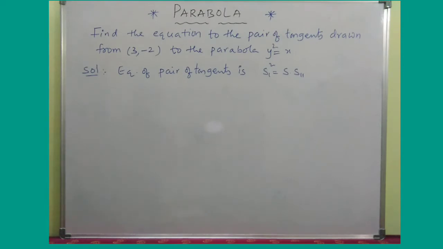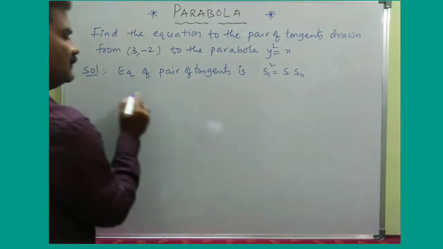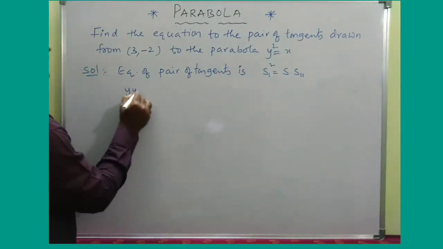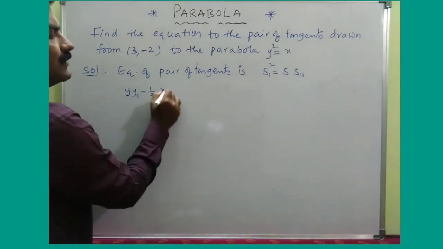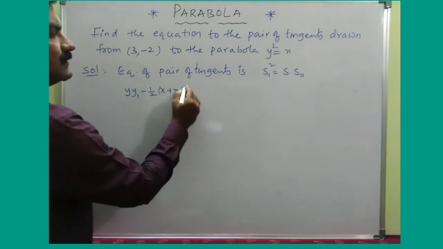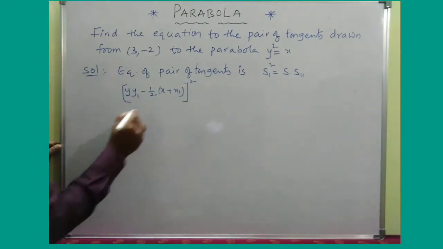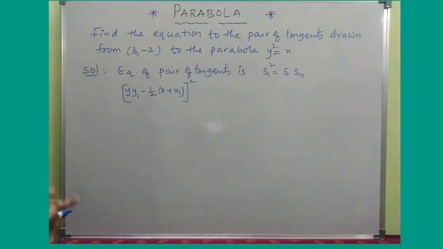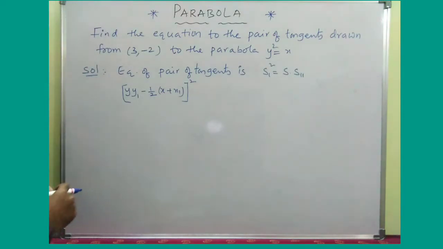So look at S1. What is S1 here? It is y1 minus half of (x plus x1), isn't it? Whole square. Do you understand the S1 format for this? y1 minus, actually we have to write x in terms of 2x, no?